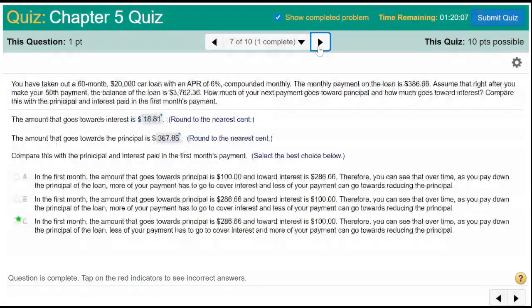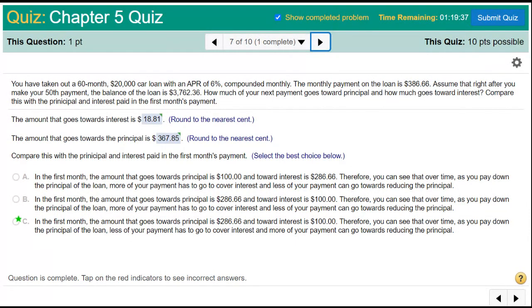We did this. Okay, so what this is telling you is that they gave you the amount of the loan, but what they did not give you is the interest amount.